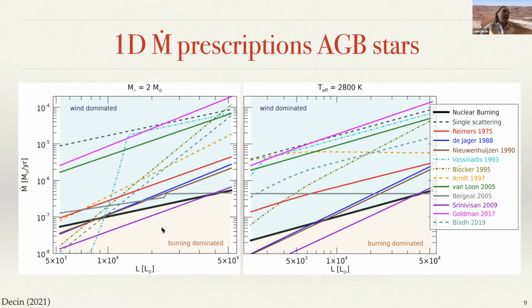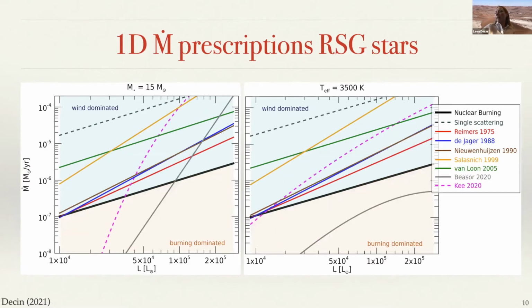You see that actually in 2021, we are not yet able to predict with a good confidence interval what might be the mass loss rate of these cool aging stars as a function of some parameter. This is quite dramatic. It's not only for these AGB stars, this is also for the red supergiant stars.